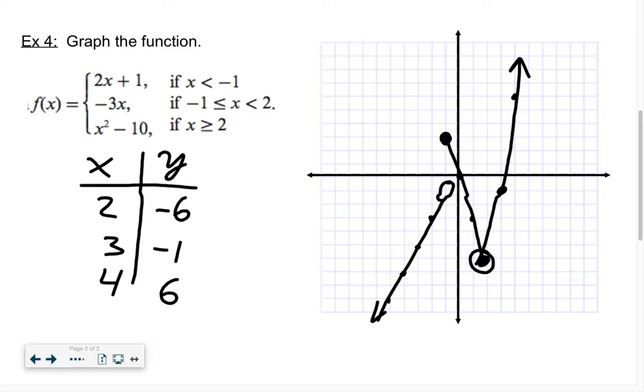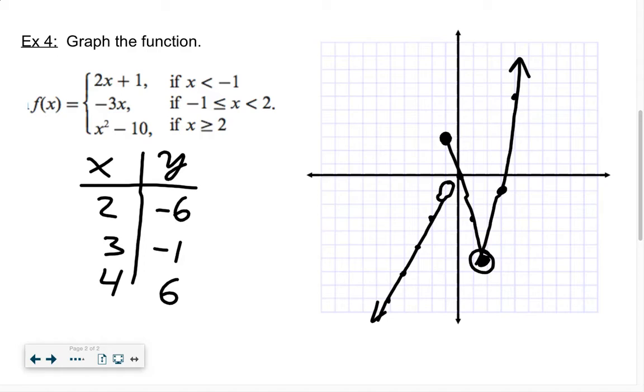So probably the best process that I have for this is the eraser method. Graph whatever it is and then erase whatever you don't want. Graph whatever it is, erase that domain again, and so forth. Should you have to graph the other half? Nope, because I only want the x's greater than or equal to 2.